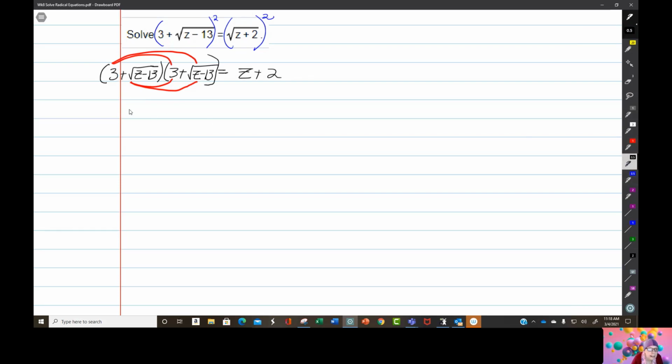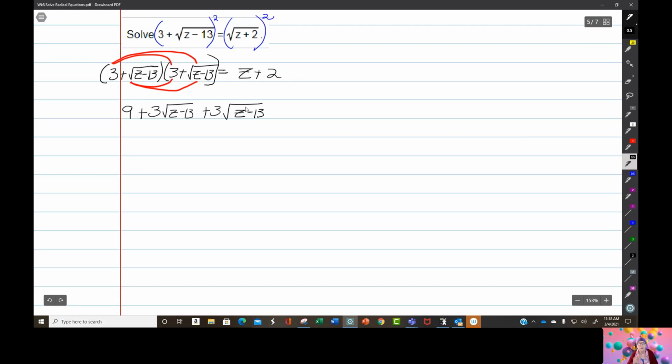Okay, 3 times 3 is 9. 3 times plus the square root of z minus 13 is going to be plus 3 times the square root of z minus 13. And then plus the square root of z minus 13 times 3 will be plus 3 times the square root of z minus 13.